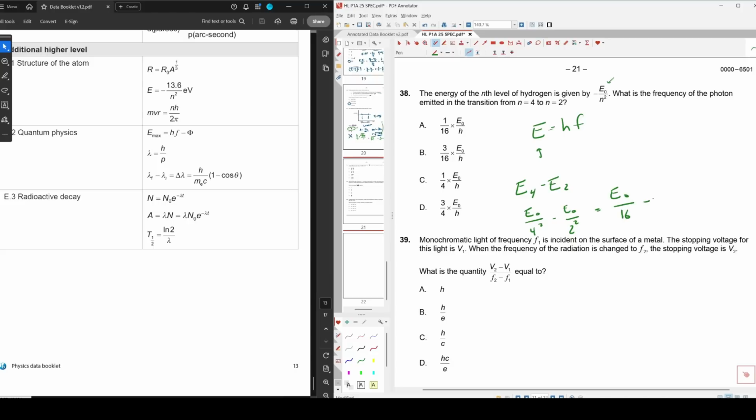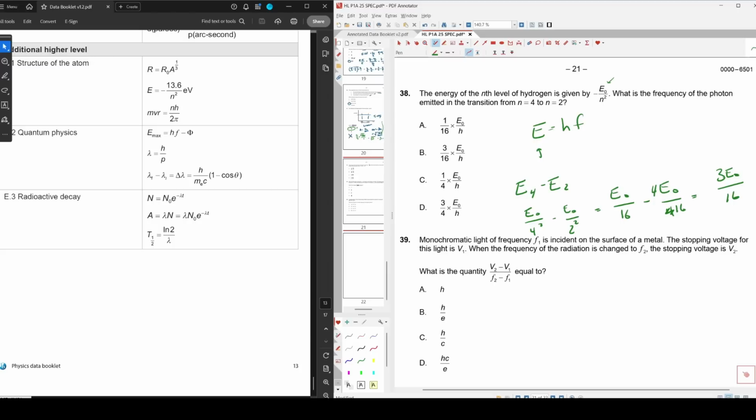So let's get ourselves a common denominator here. Like this. Yes, so I guess I subtracted the wrong way. That's okay. This is going to be like 3 over 16.